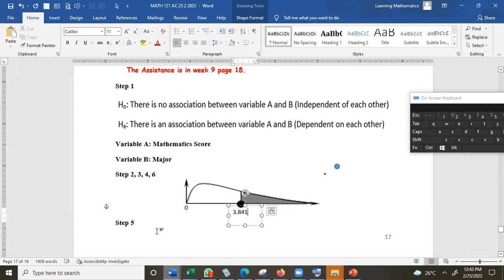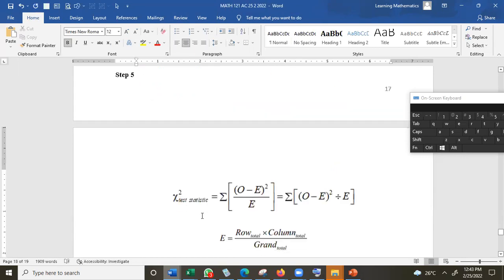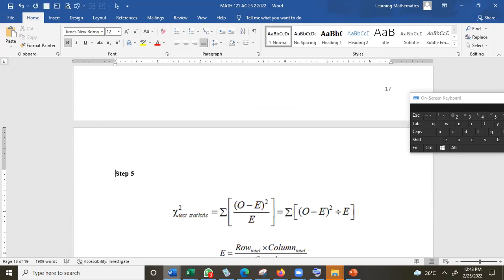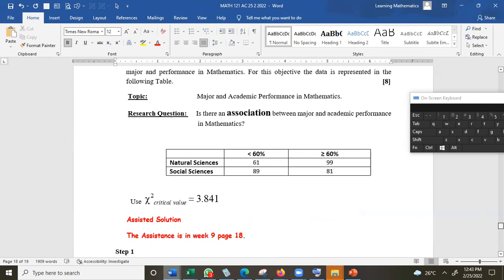Okay, so now for step number 5, to calculate the test statistic, here's the formula. It's the same formula for all chi-squares. O minus E all squared over E, the sum thereof. Now the O will be the values that you observed.